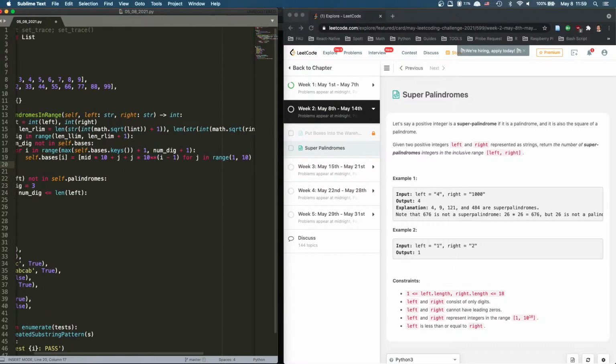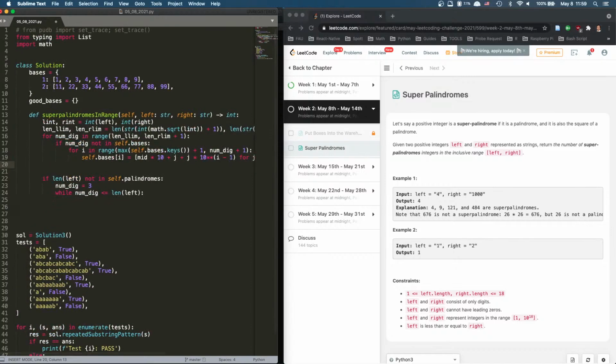So we have num of digits, then we just loop through the num digits. I'm going to say for base in self.basis num digit, right? Because num digit is not in self.basis. If it's not in self.basis, that means it's not in self.good basis.